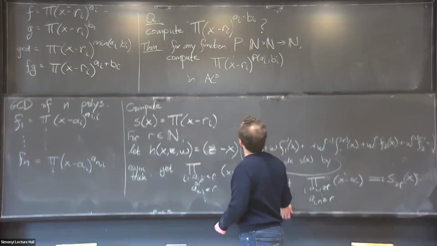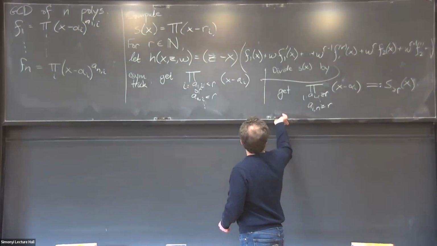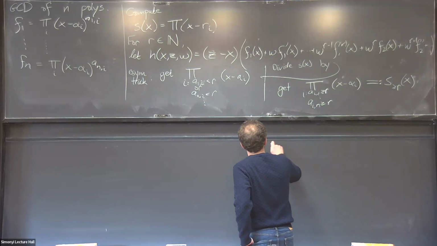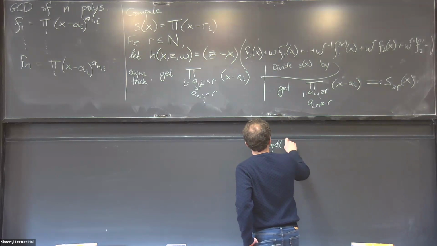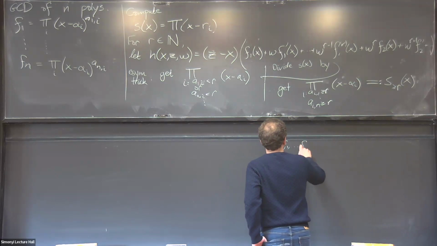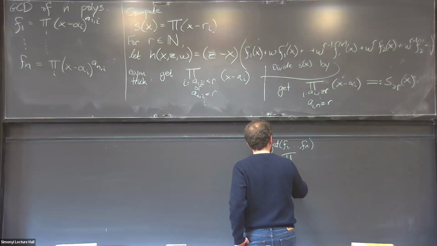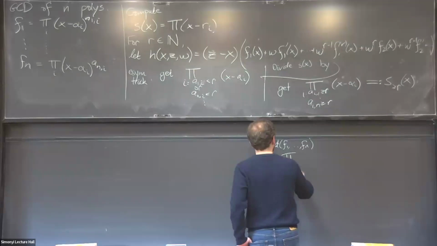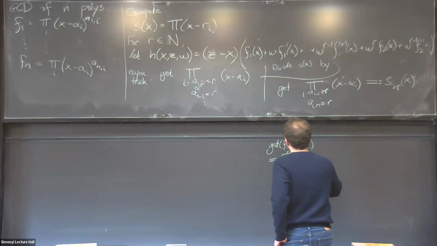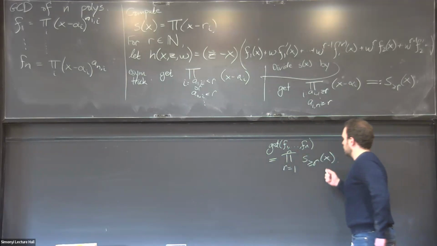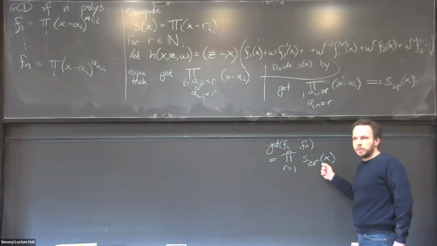Why is this useful? Well, I can just write it here. If you look at the GCD, this is the product over, say, r goes from 1 to n of these terms. How many times do I pick up a root?